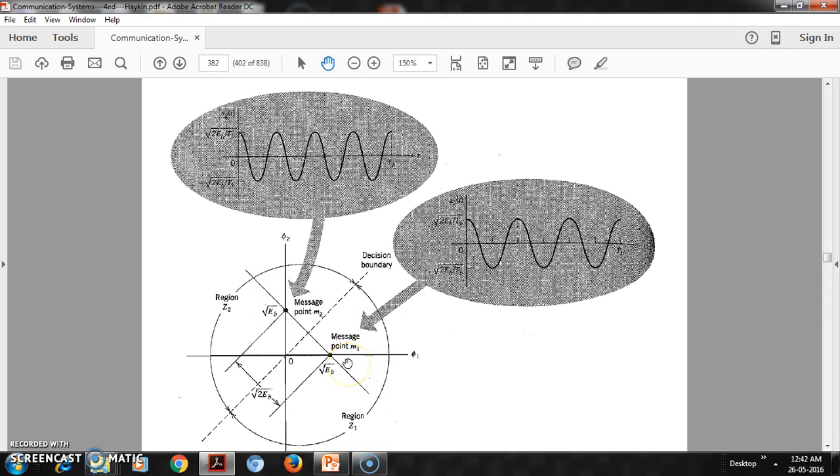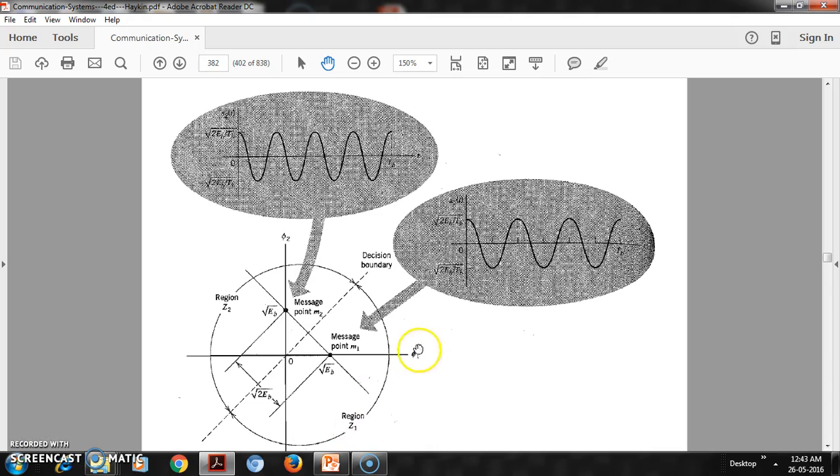So if the received signal vector lies in region Z1, we decide in favor of symbol 1. And if the received signal vector x lies in region Z2, we decide in favor of symbol 0, that is defined by this point root EB.